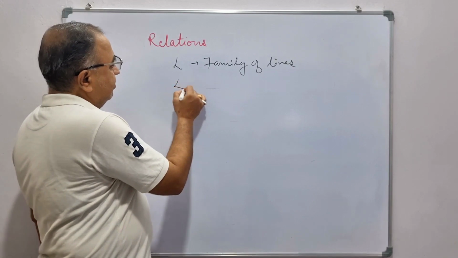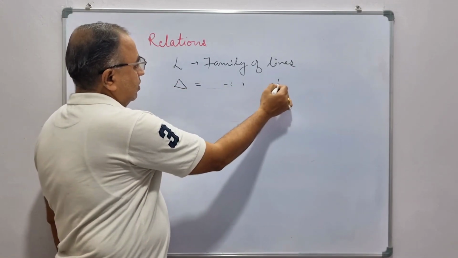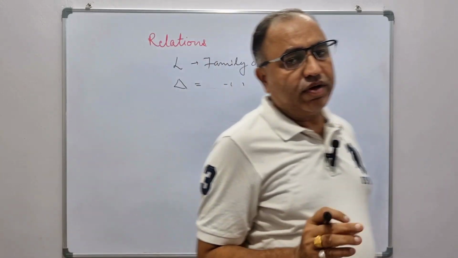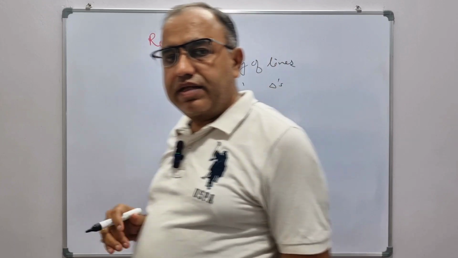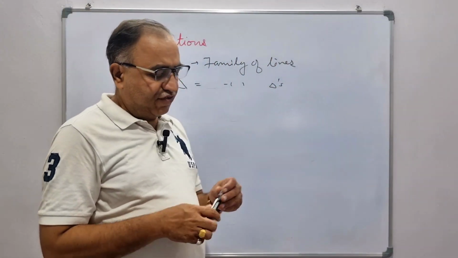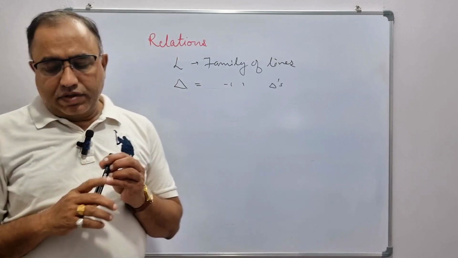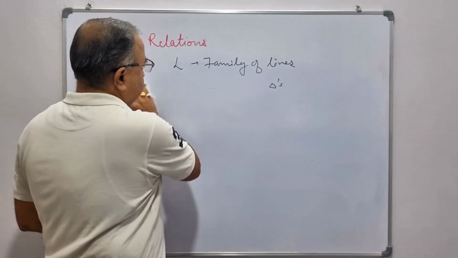In triangles, if I say delta is the family of triangles, then one triangle is similar to another, one triangle is congruent to another triangle, right? So these are all possible relations in the family of geometrical shapes, right?